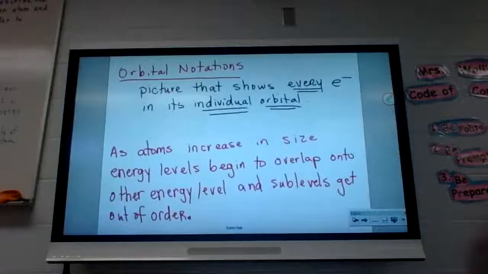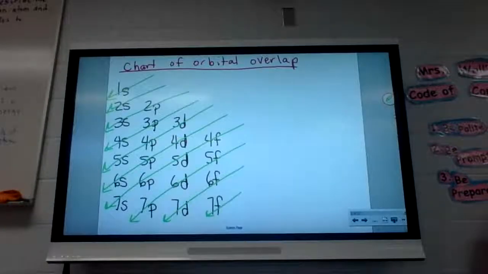Okay. So, everybody there? Got the chart drawn? Yes. All right. So now we're going to practice reading the chart before we try to draw orbital notations.